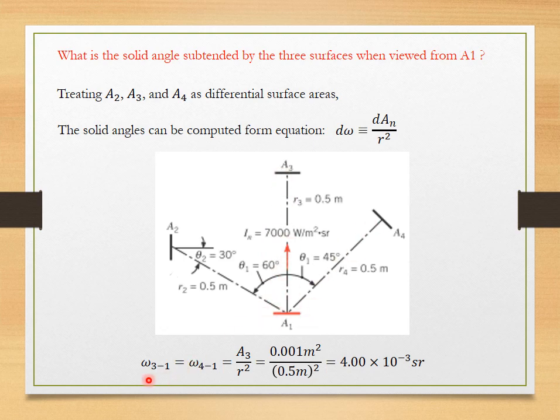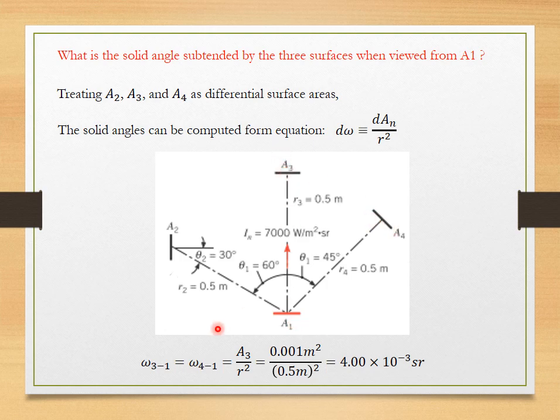So for the solid angle for 3 to 1 and 4 to 1, we insert all the information and we get omega equal to 4.0 times 10 power negative 3 steradian, because the area and the length are the same for 3 and 4.